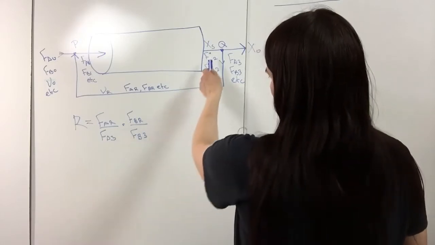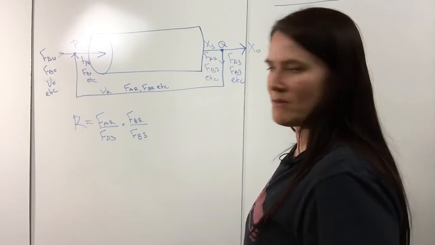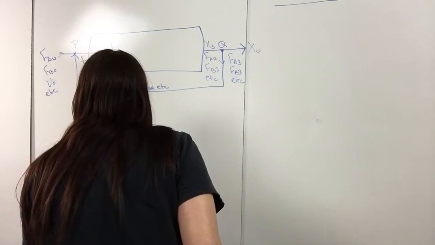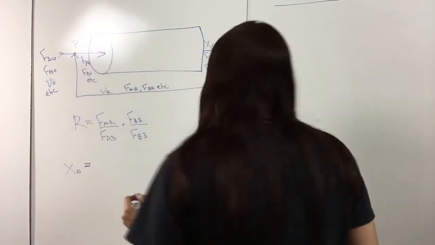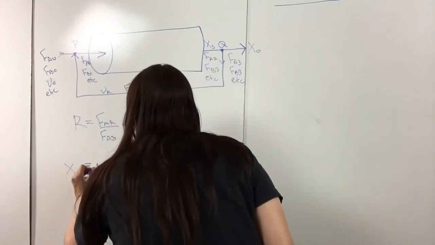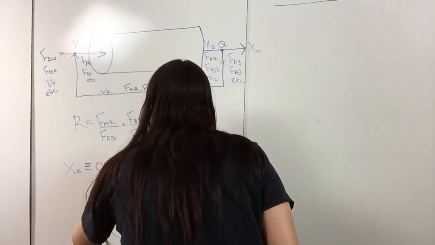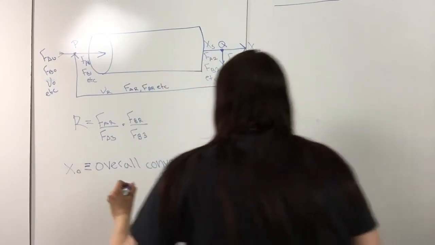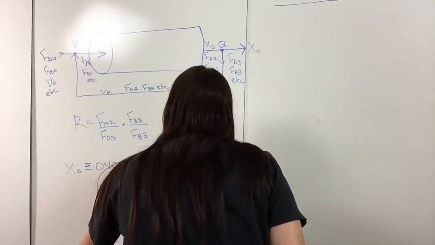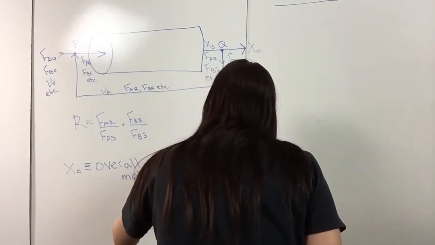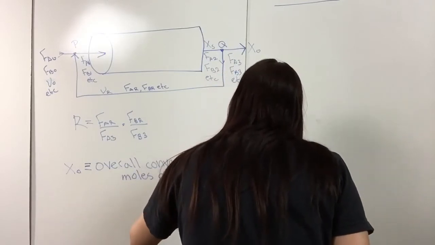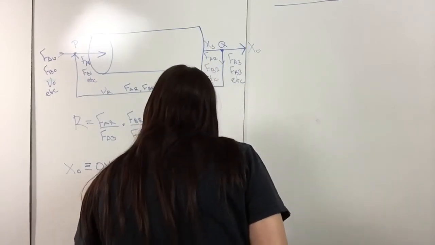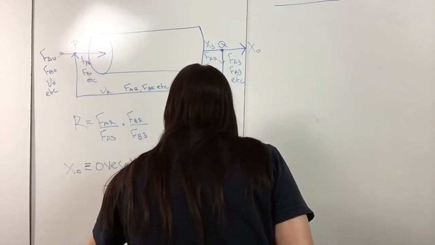I already mentioned the two different conversions, so I'll write what they are real quick. First, X naught is the overall conversion, and that's equal to moles of A reacted over moles of fresh feed.